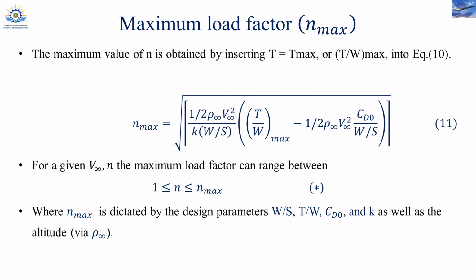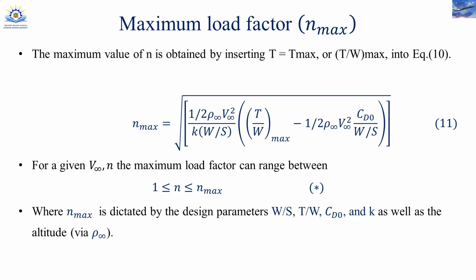Maximum N is equal to the square root of q over K times the wing loading, where q is half rho V square and W over S is the wing loading, times T over W max minus q CD naught over the wing loading. So this is the N max condition.